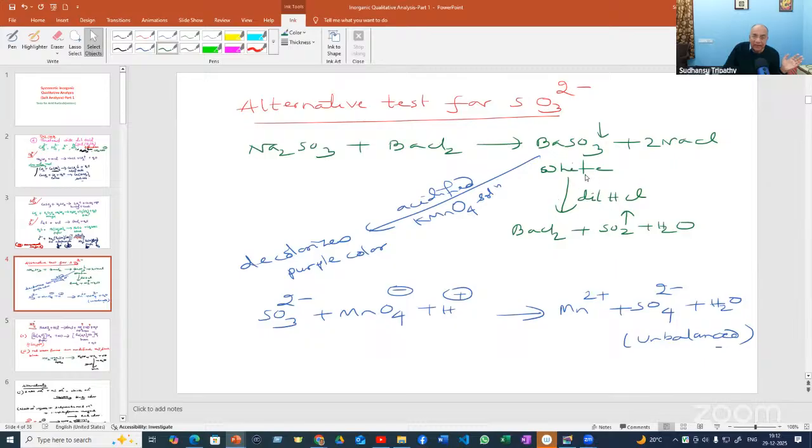If you straight away add some acidified potassium permanganate or dichromate, the purple color decolorizes, because the SO2 produced with the acid from sulfite is oxidized by the oxidant and converted to sulfate ion, and manganese goes from +7 to +2, and it decolorizes.